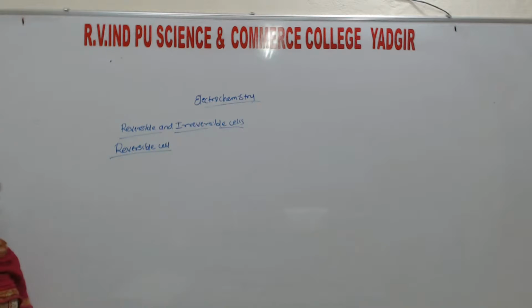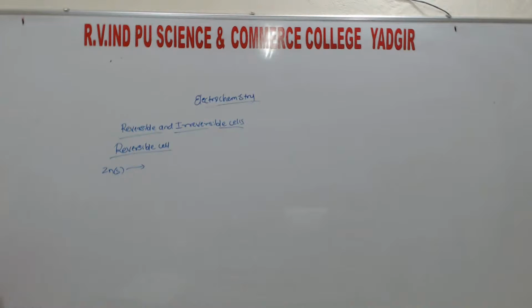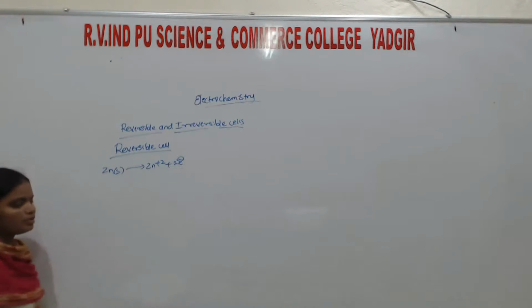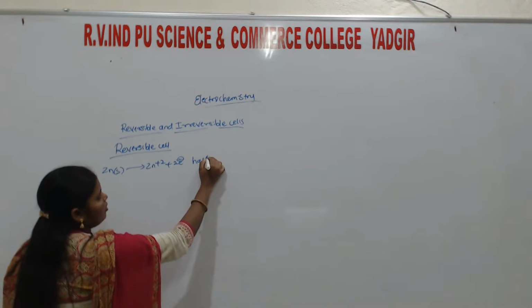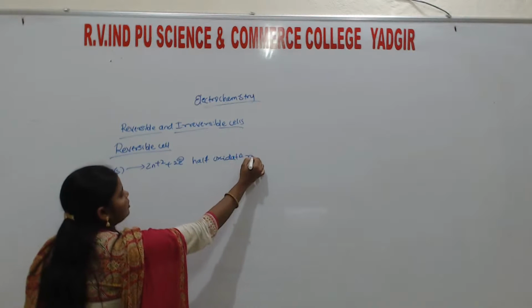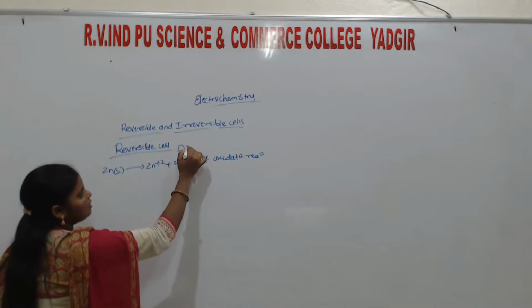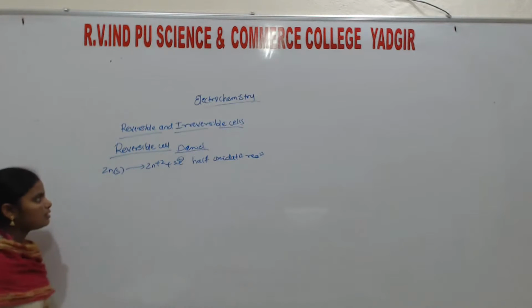Here the EMF, that is the electromotive force, is 1.09 volt. Here the loss of electrons takes place: Zn gives Zn2+ plus 2 electrons, and this is the half oxidation reaction in the Daniel cell.